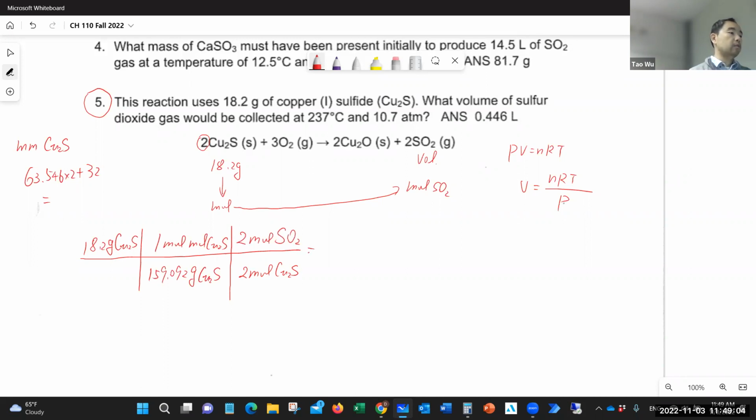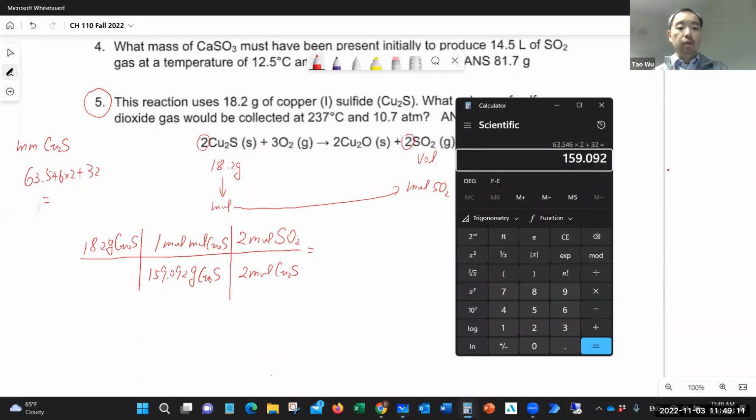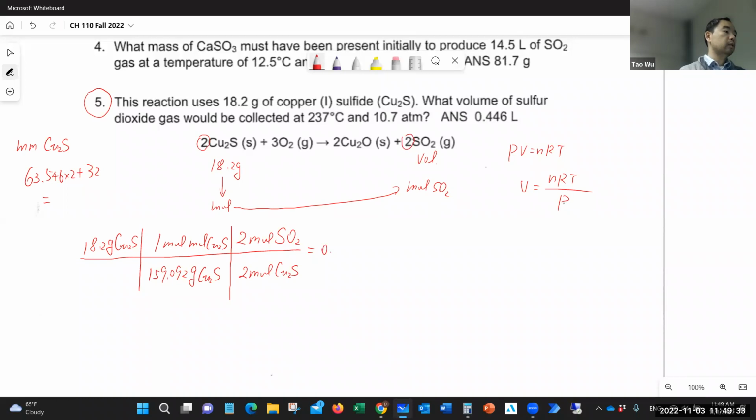This is what we got from the coefficients. Then, based on the stoichiometry, 18.2 times 1 times 2 divided by parentheses, remember you're gonna have the parentheses to cover the bottom parts, 159.092 times 2. And then you got 0.1144, and that is the mole of the SO2.